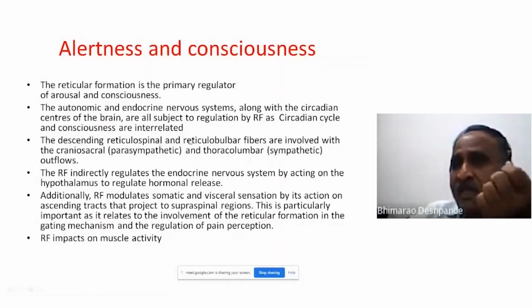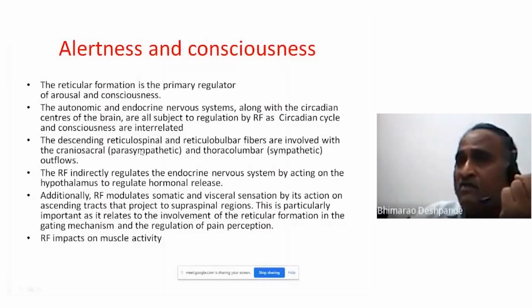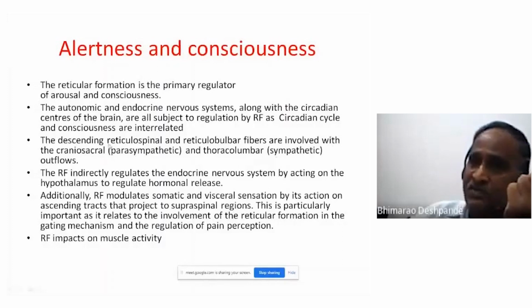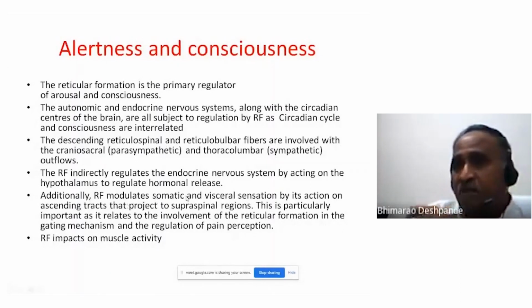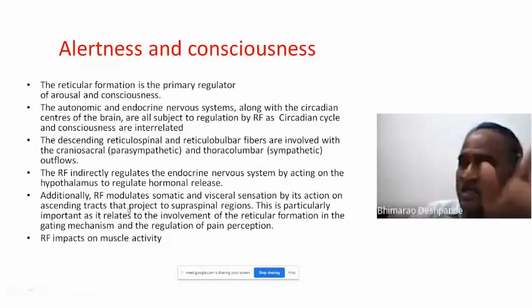Now, descending reticulospinal and reticulobulbar projections are involved in the craniosacral parasympathetic and sympathetic outflows. The descending reticulospinal projections modulate somatic and visceral sensation by their action on the ascending tracts that project to supraspinal regions.